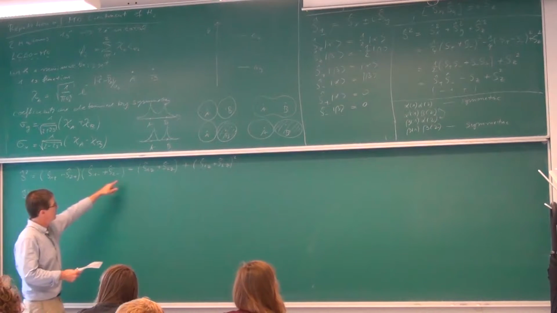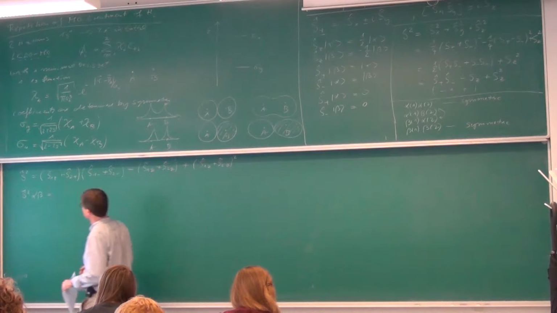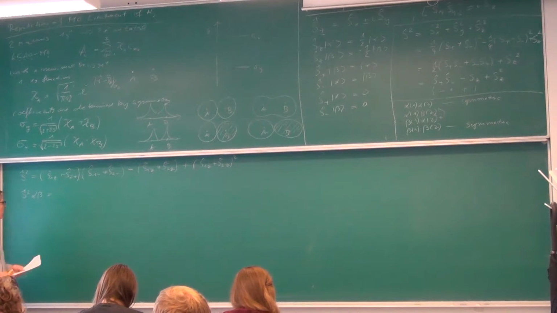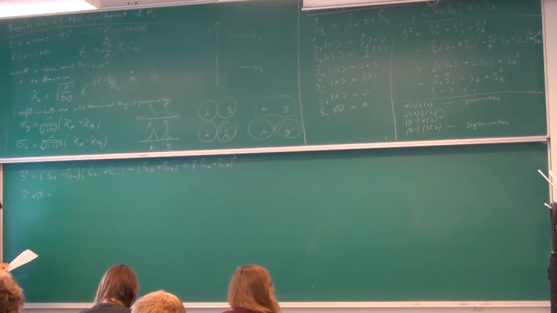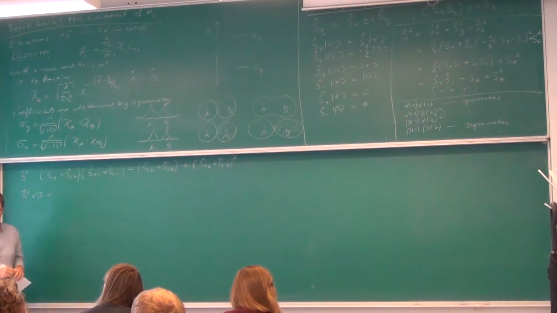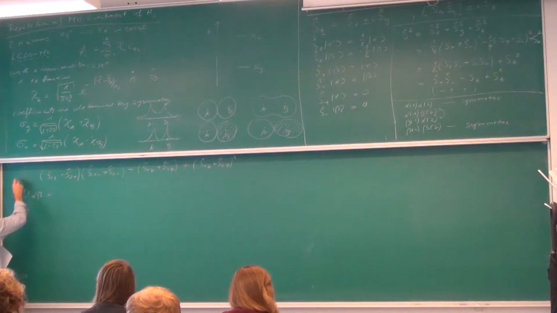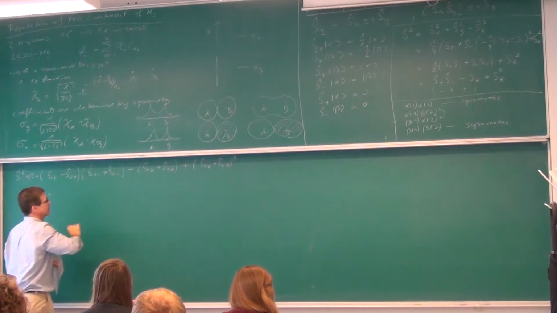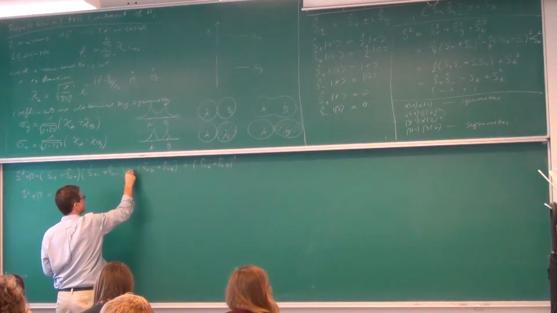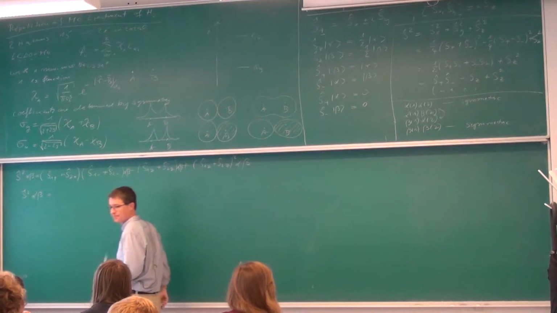Right, so I have to apply all that here to that. So let's take them one by one. Well, I hope you don't mind if I do some instant mathematics. So I have S squared on alpha beta, which means I have alpha beta here minus alpha beta there, alpha beta here.